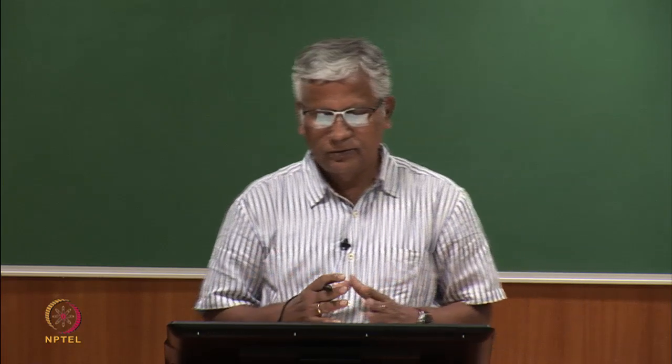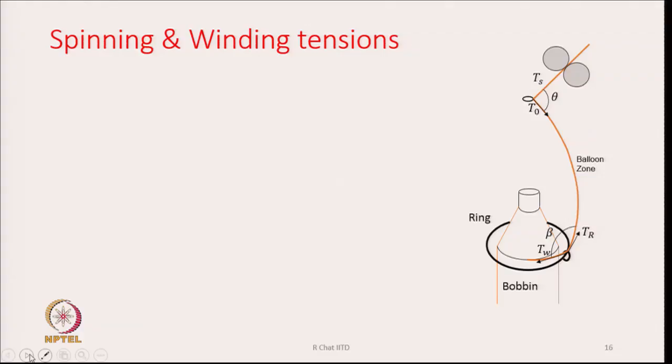Now, we are going to discuss spinning and winding tensions. Look at the diagram on the right hand side. This is our spinning zone, and this is the balloon zone. The tension in the yarn between the front roller and the lappet is Ts.